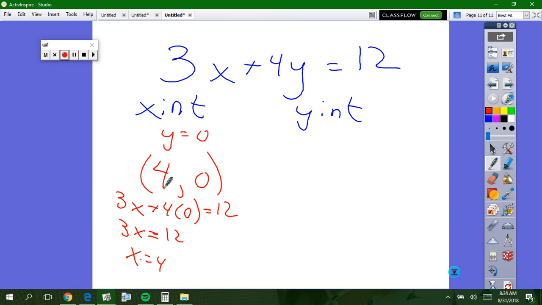Y-intercept, what does that mean? When x is 0. So therefore, that's 0 comma something. I replace it.